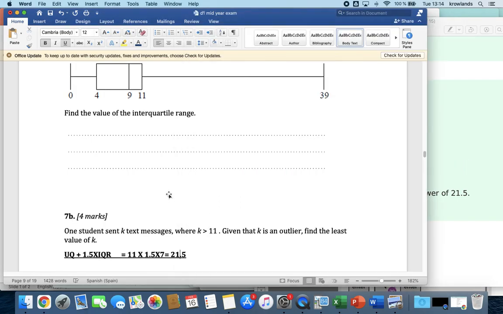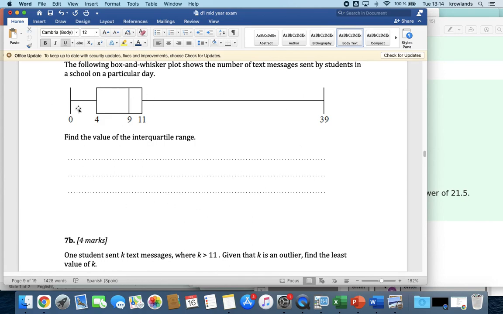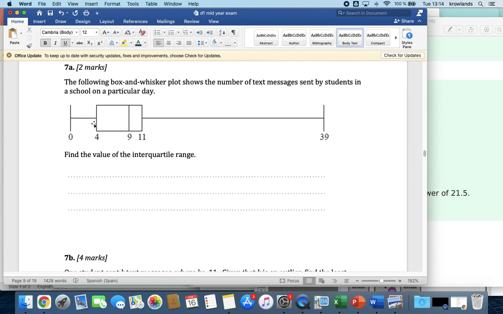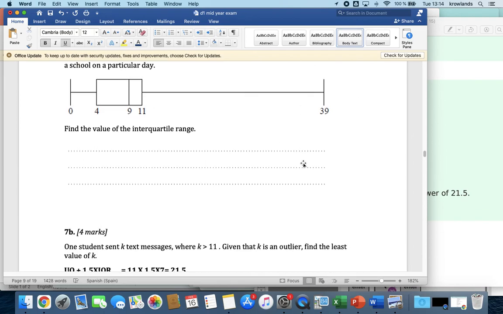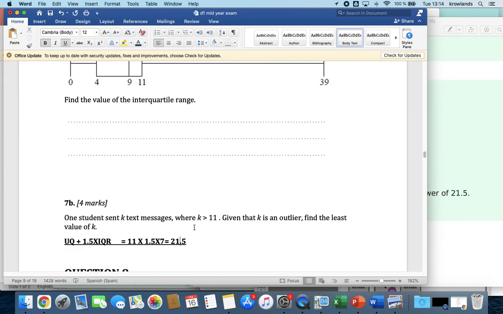So this means if this diagram is about students sending text messages, we've got the minimum amount of text messages sent is 0, the maximum is 39, and everyone else is in between. You can't send half a text message. That's not possible. Again, this is going to be a discrete variable because you can't send part of a text message.